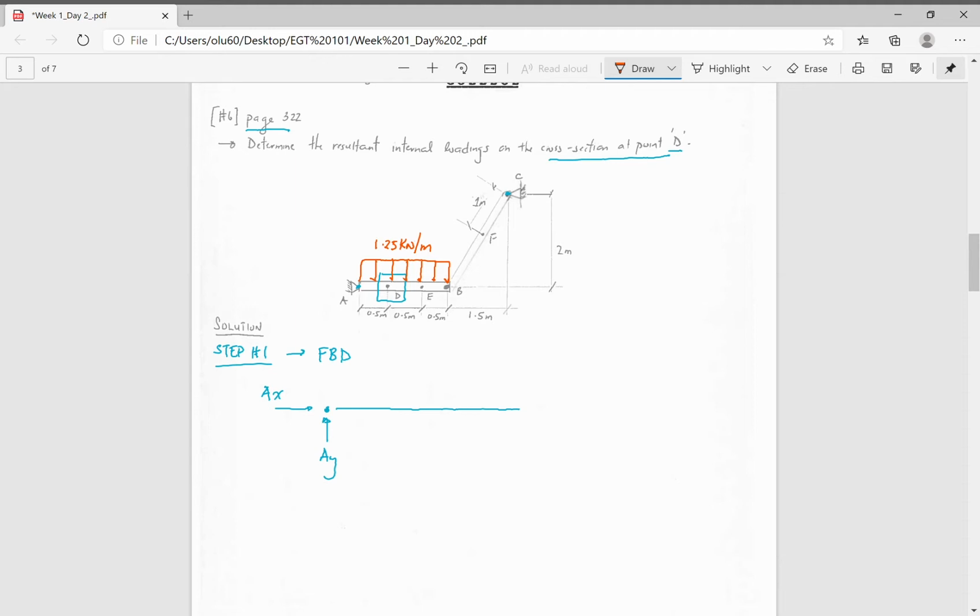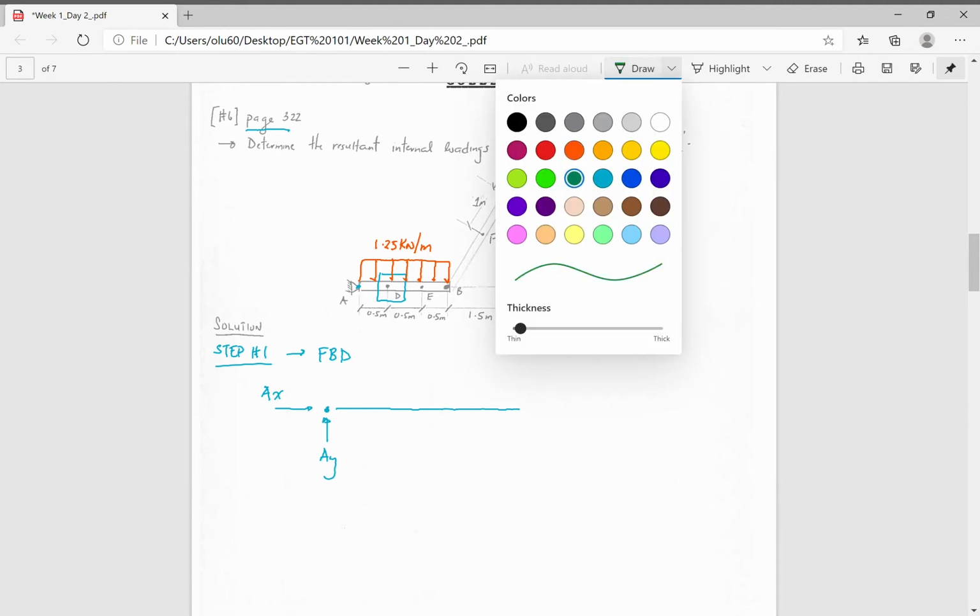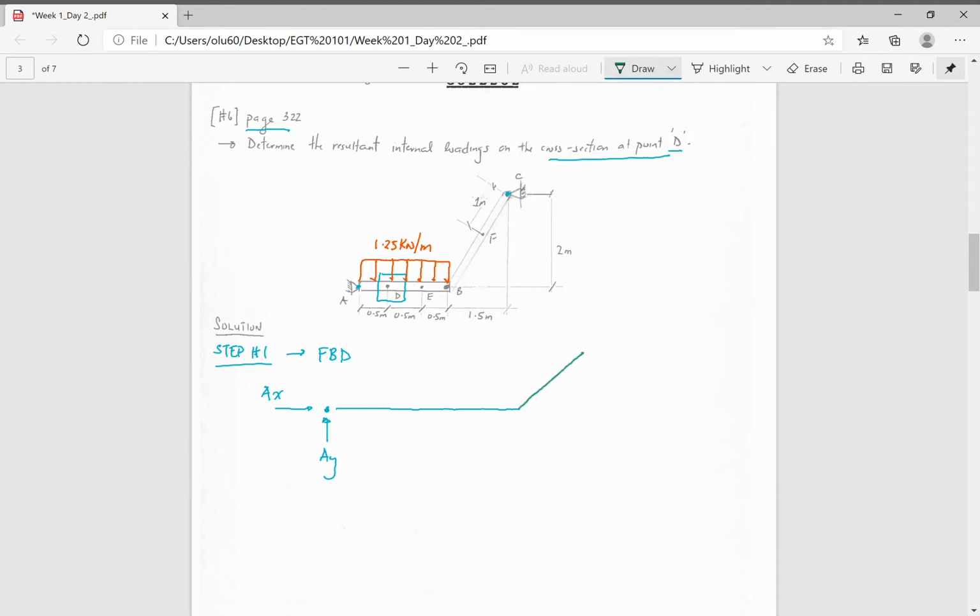So if I do that, I'm drawing a free body diagram, and I'm going to have my force BC.